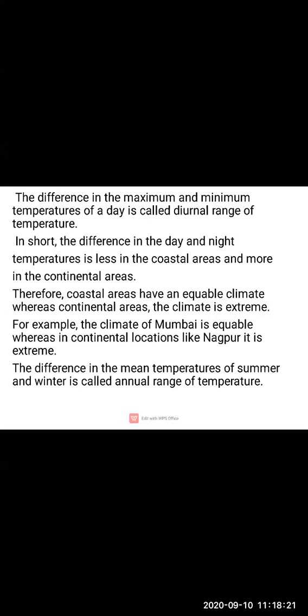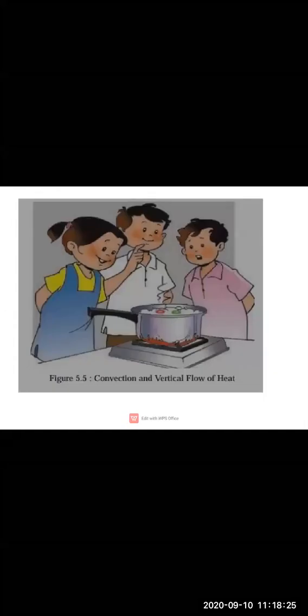Okay, children, now moving ahead, we are going to see another activity. Here we have kept a pot. You can take a vessel also.